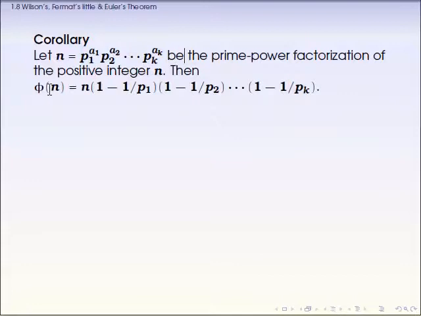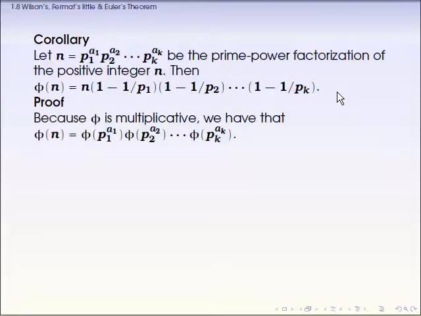Then phi of n is simply n times (1 minus 1 over p1) times (1 minus 1 over p2) up to (1 minus 1 over p sub k). It looks complicated, but the proof is simple and it's very understandable why we get this form.